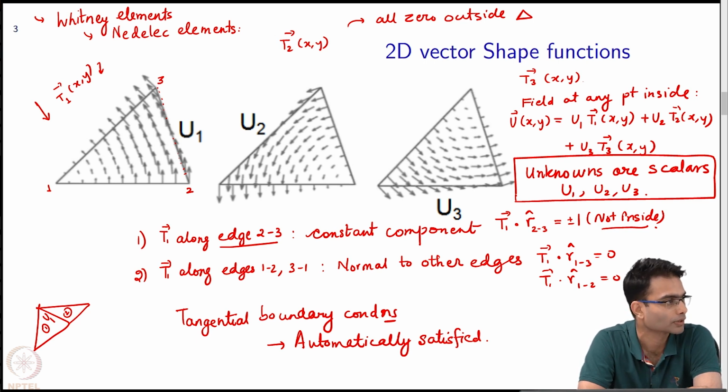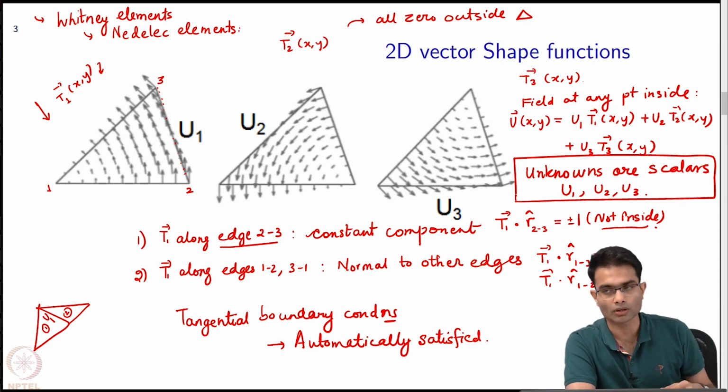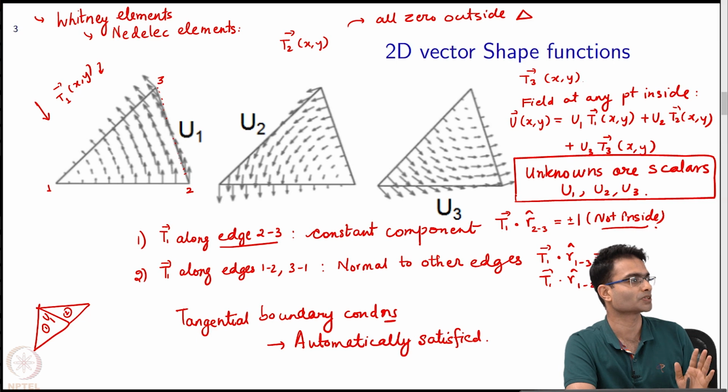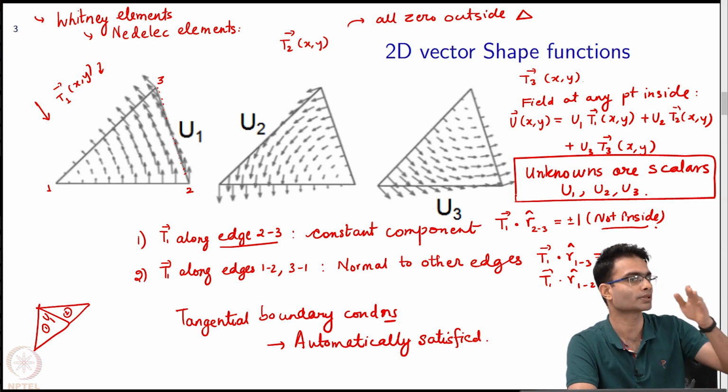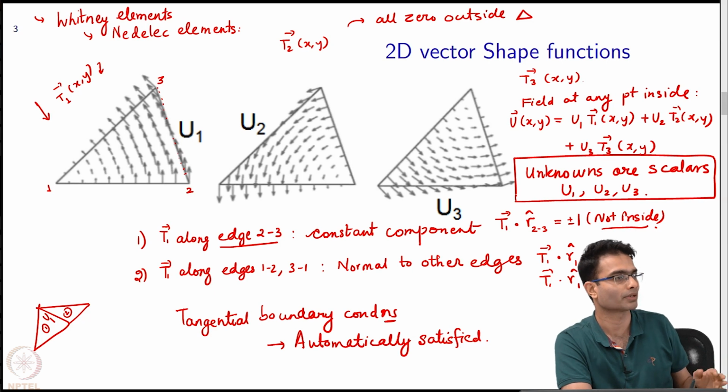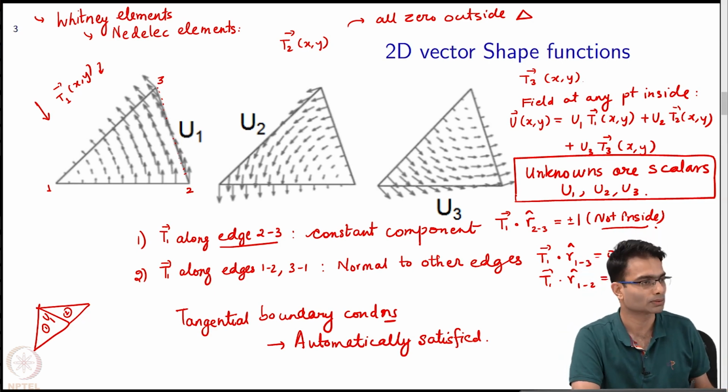Everyone else has normal components. So the tangential component is only being given by that one component. This is in contrast to the fluid mechanics people, where their constant component along a certain edge is not the tangential part but the normal thing. That allows them to conserve flows across a boundary. In our case, we don't have a flow.